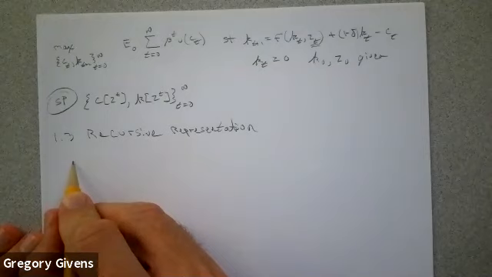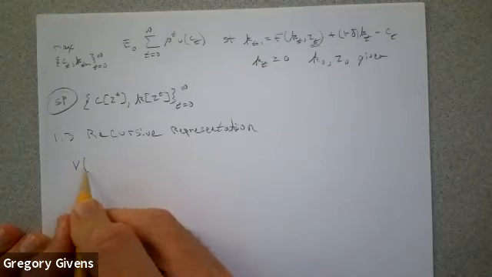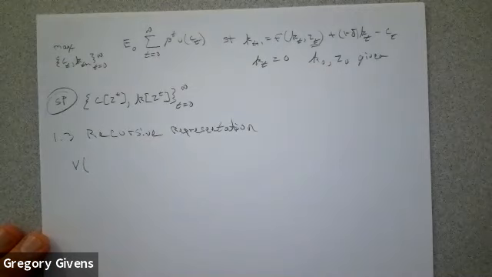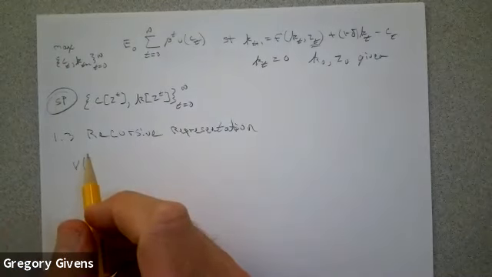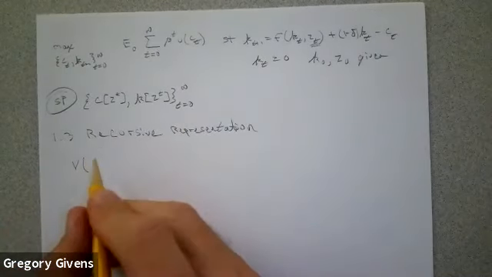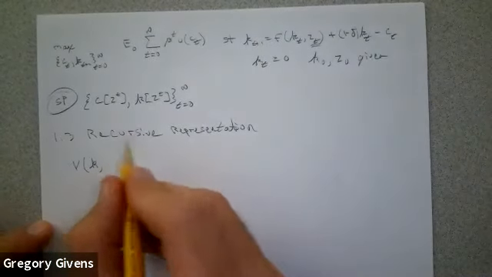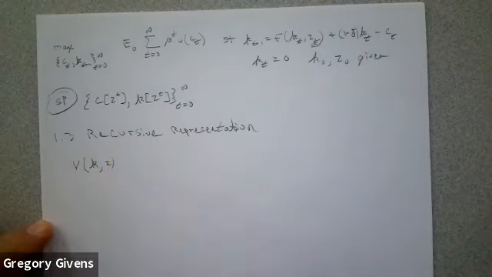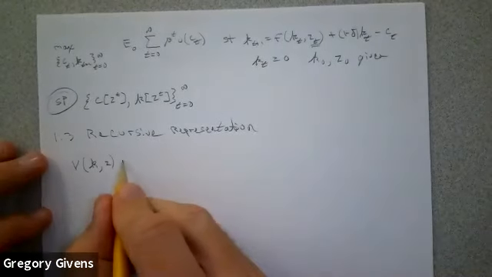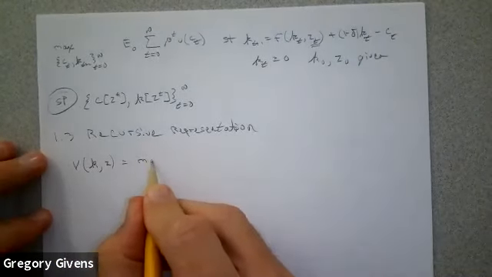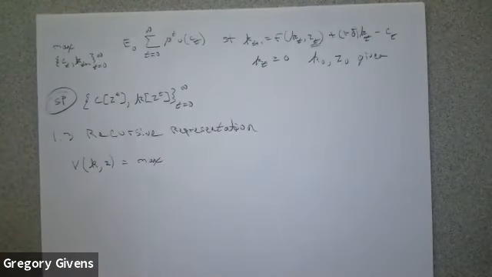The value function, which will depend on 2 things: the state, that is the existing capital stock K, and the stochastic term Z. That's equal to the max of the sum of 2 terms.